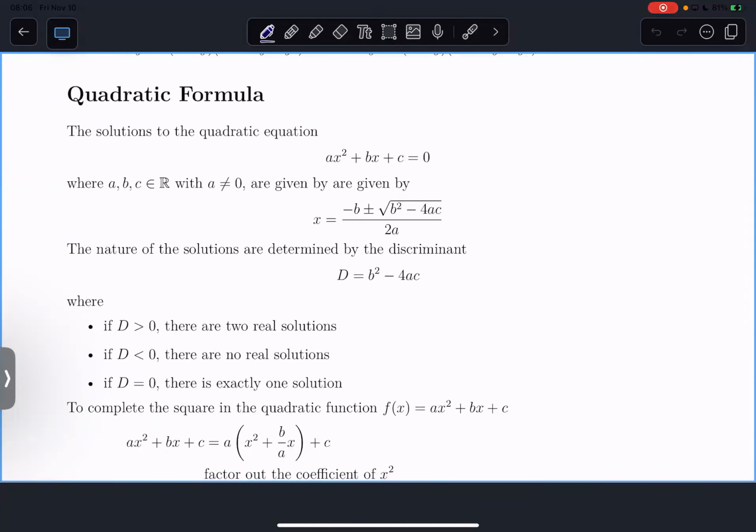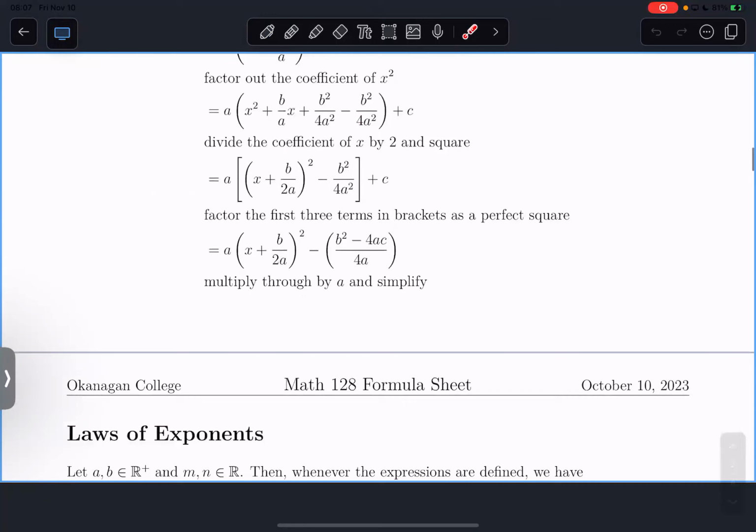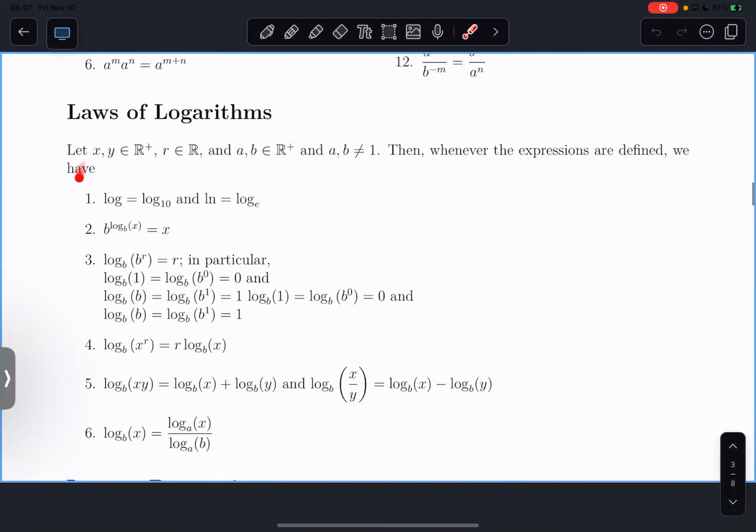So it's got the quadratic formula on there. That's good. And then, like I said, you can ignore completing the square, but it's on there in case you want it. We have the laws of exponents, which we introduced last Friday, or maybe Monday. I can't remember what day, but we introduced all these laws of exponents. And then last day, so Wednesday, we talked about logs and we introduced logs.